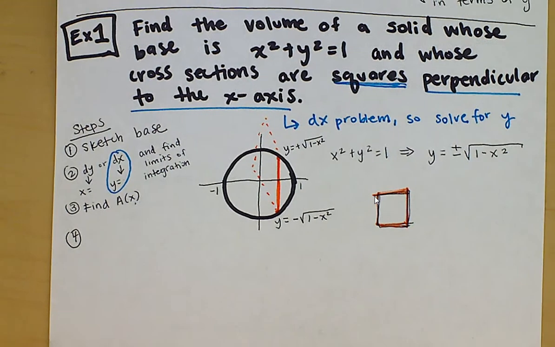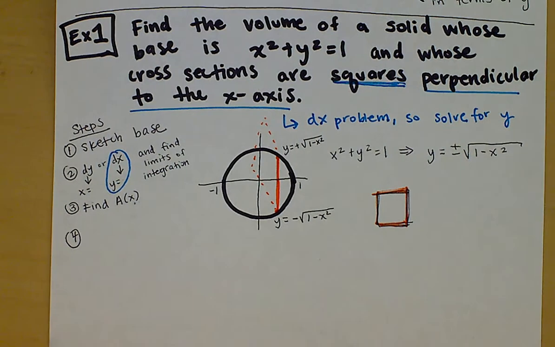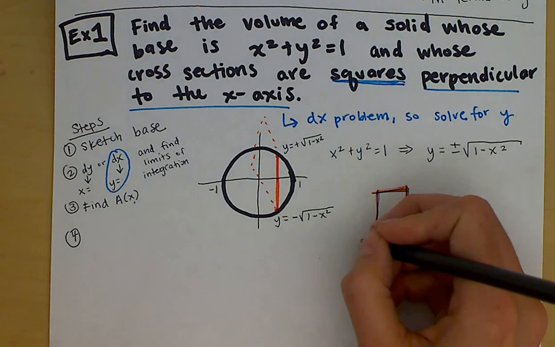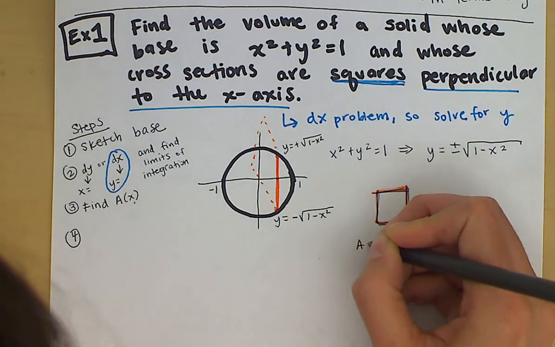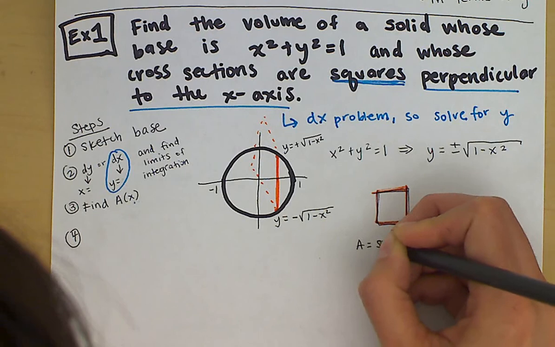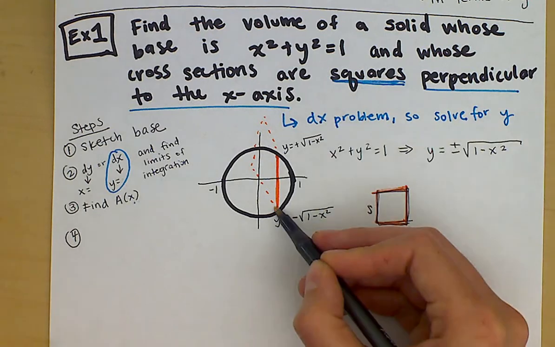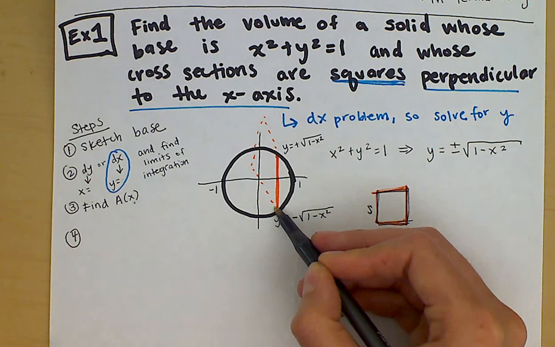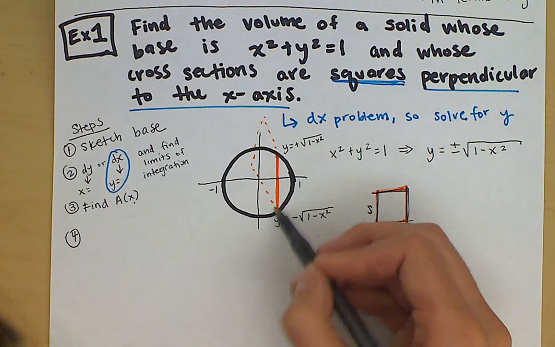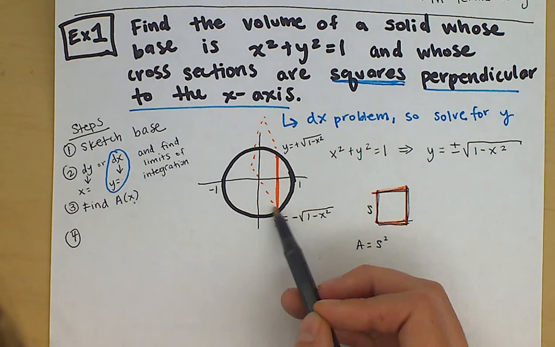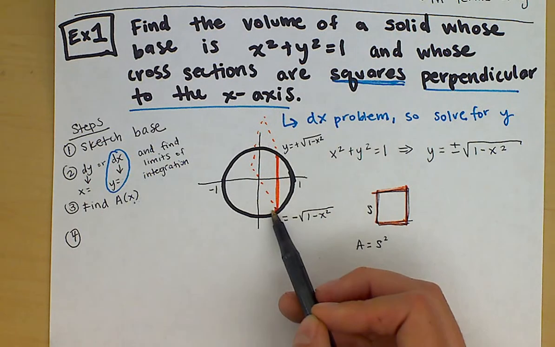So we need to figure out the area formula for this square. We all know that the area of a square is just the side squared. But we need to figure out how we're going to calculate this side. Because this is calculus, the side length is always changing. If we slid it over, the side length would get bigger and bigger, and then smaller and smaller.